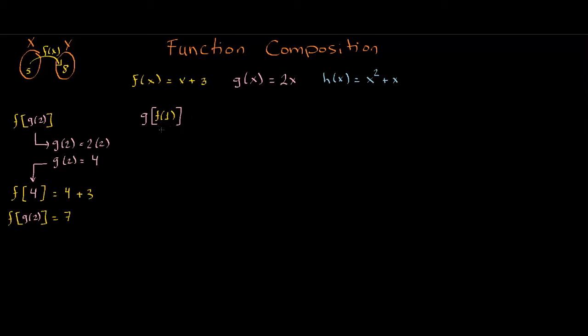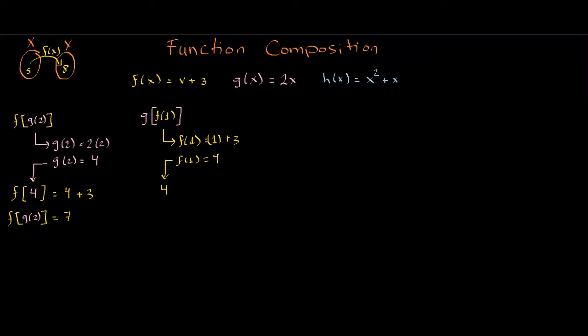We have to ask ourselves, what is f of 1? f of 1 will be equal to 1 plus 3, so f of 1 will be equal to 4, and that is actually what we're going to input back in g.